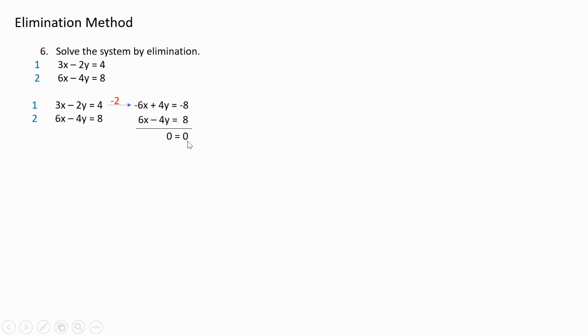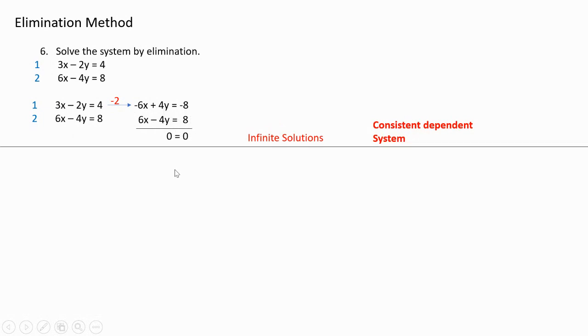And this is true. Remember when I mentioned there's no x's, no y's? That means it's going to be infinite solutions, which means it's a consistent but dependent system. This is an example from figure 6.1, figure B, when the line was on top of the line.